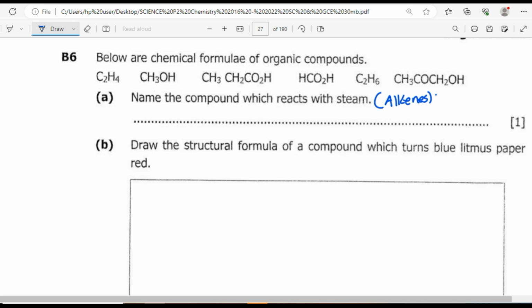If it's 1, then 1. Let's not focus on this one. This one has OH, which means it is an alcohol. Then here we have a COOH, an acid. Then this should be an ester, or an alcohol.